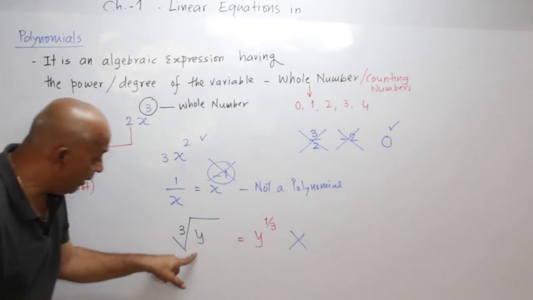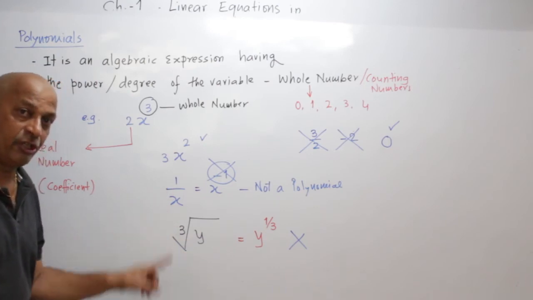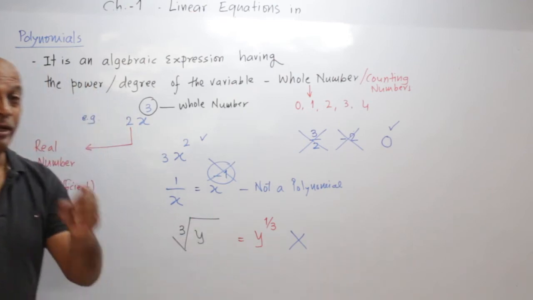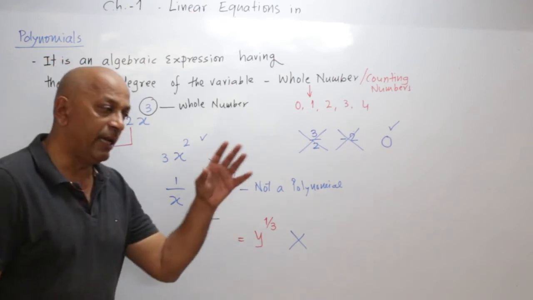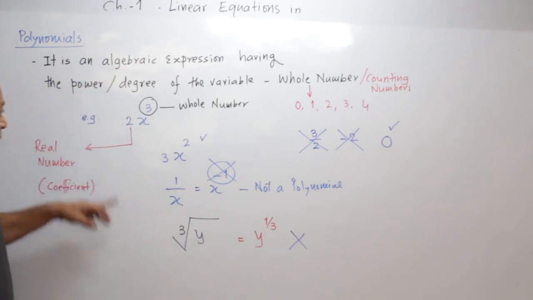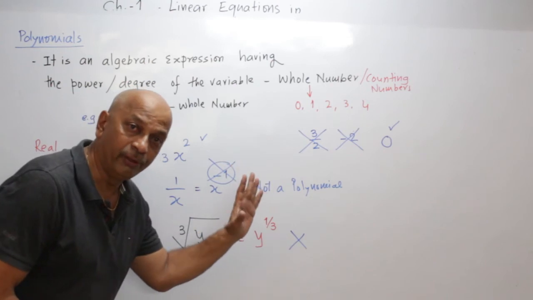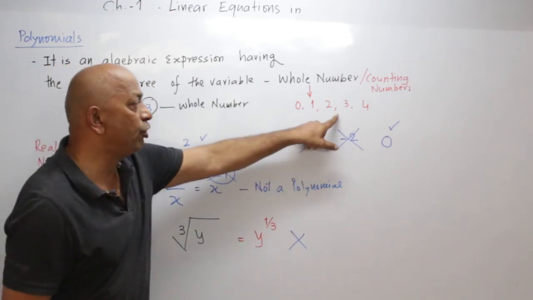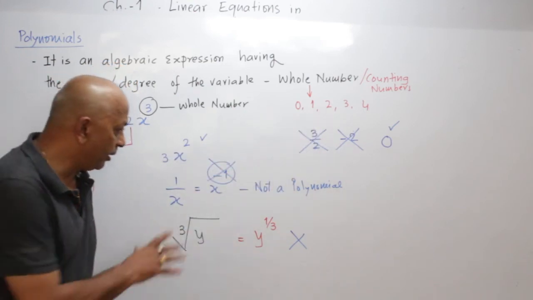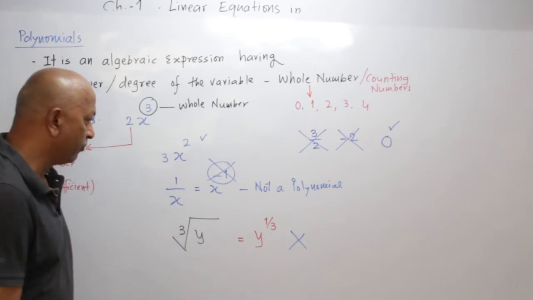But every algebraic expression is not a polynomial. बच्चे ध्यान में रखो, every polynomial is an algebraic expression, whereas every algebraic expression is not a polynomial. Polynomial degree should be a whole number. I think we are now a little bit clear about polynomial. उतार लो.